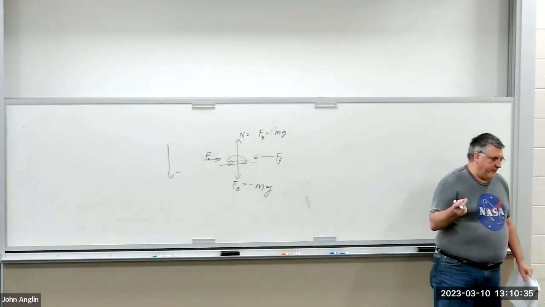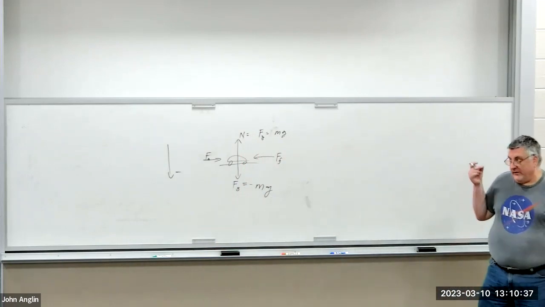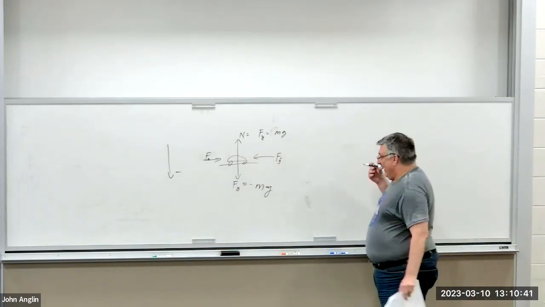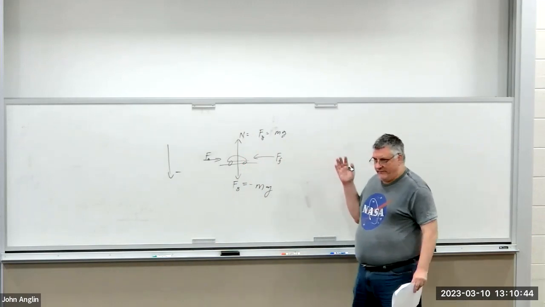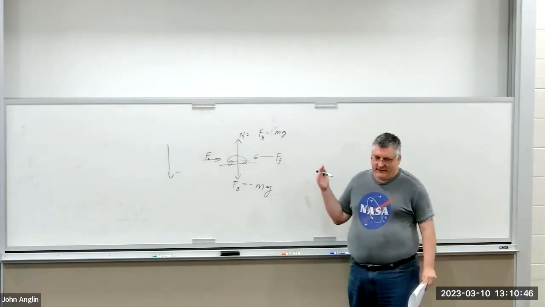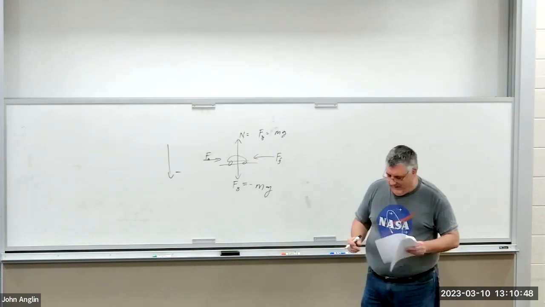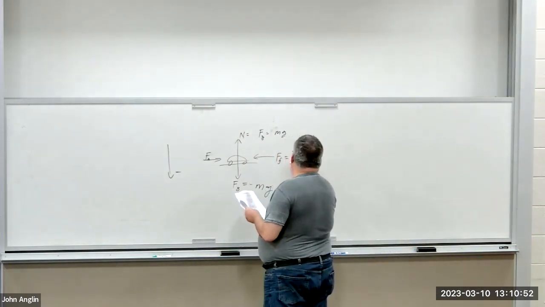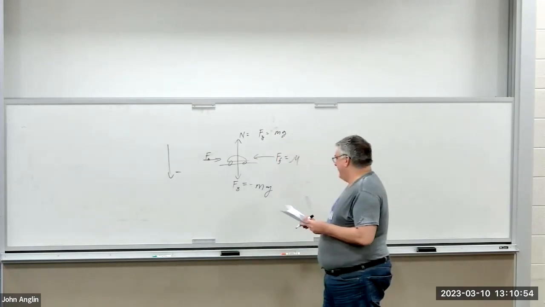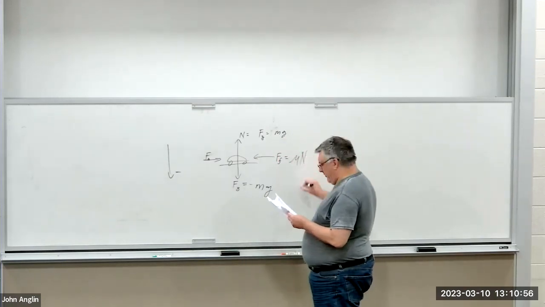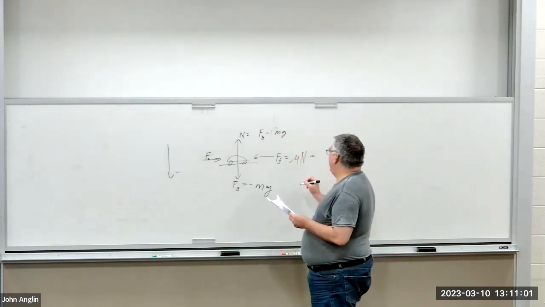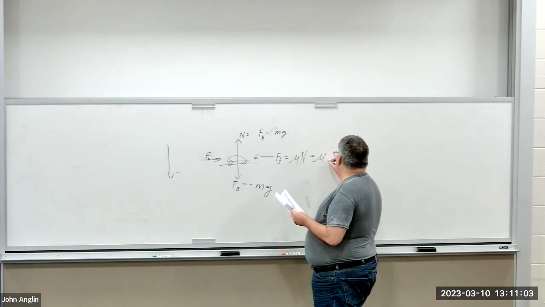So remember, the force due to friction is the measurement of how hard it is to move this thing. It is a function of the weight, and it is a function of something called the coefficient of friction. And if you remember, that frictional force is just mu, coefficient of friction, times the normal force. In this case, we know what the normal force is. So this ends up being mu mg.